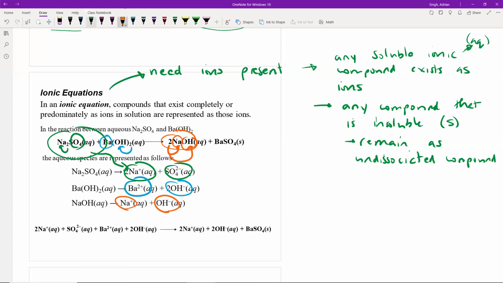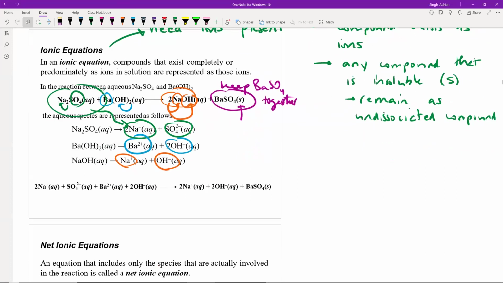And then the barium sulfate, right, that's a solid. Okay, so that means we're going to keep the BaSO4 together. We're not going to split it apart. And that's the key thing when you write your ionic equations, right?